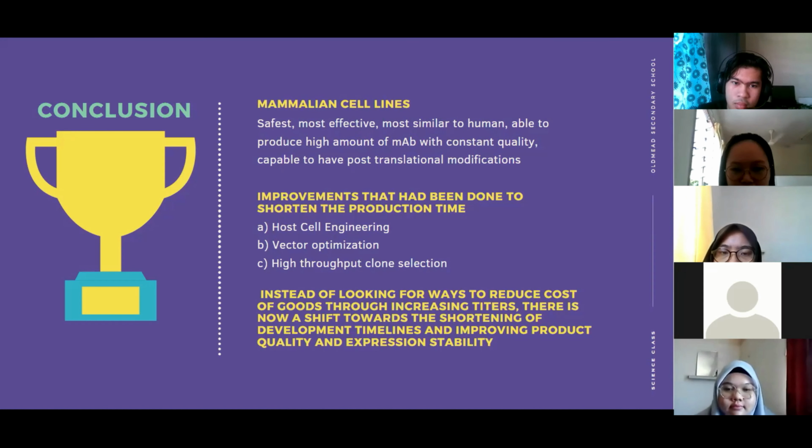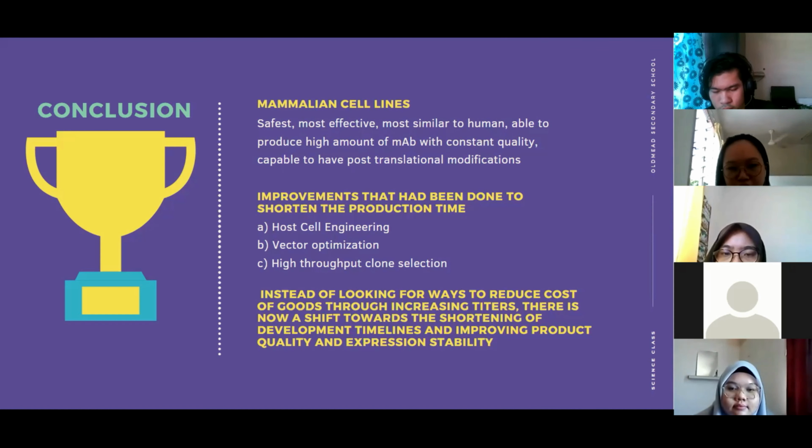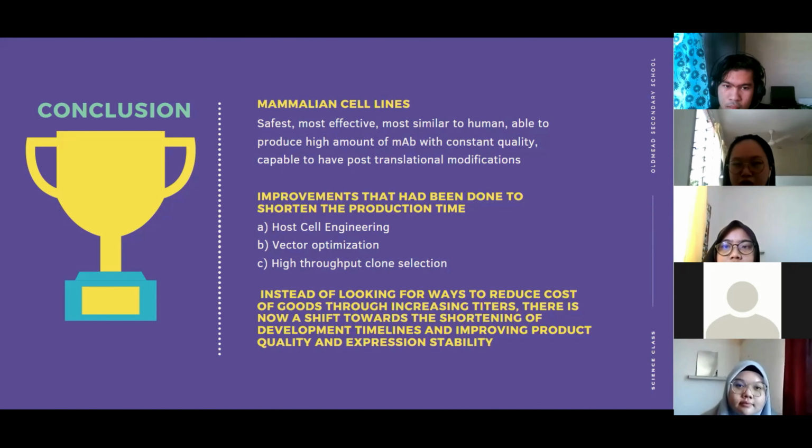And the second one is the vector optimization, which utilizes the codon optimization, which means the optimization of the gene for expression. And the last one is the high throughput clone selection, which I mentioned before. The scientist utilizes the flow cytometry technique to sort the cell into those that can produce functional monoclonal antibody and those that are not.